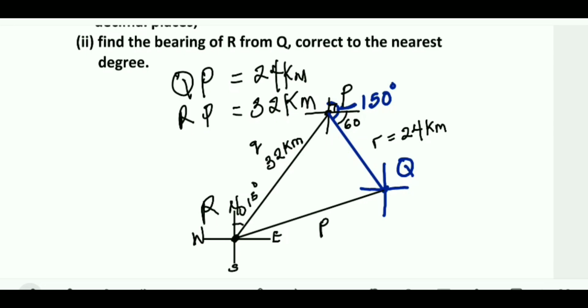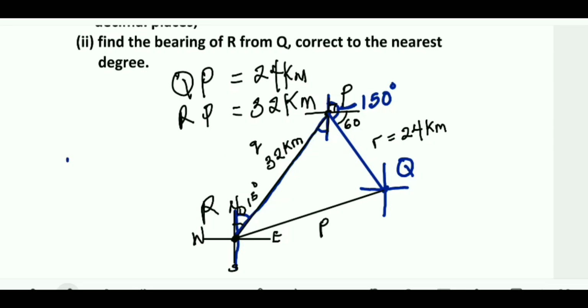One of them is, if we assume that this line over here is parallel to this line, then this black line will serve as a transversal. If that is a transversal, then this angle here, 15 degrees, and this angle here will be alternate to each other.